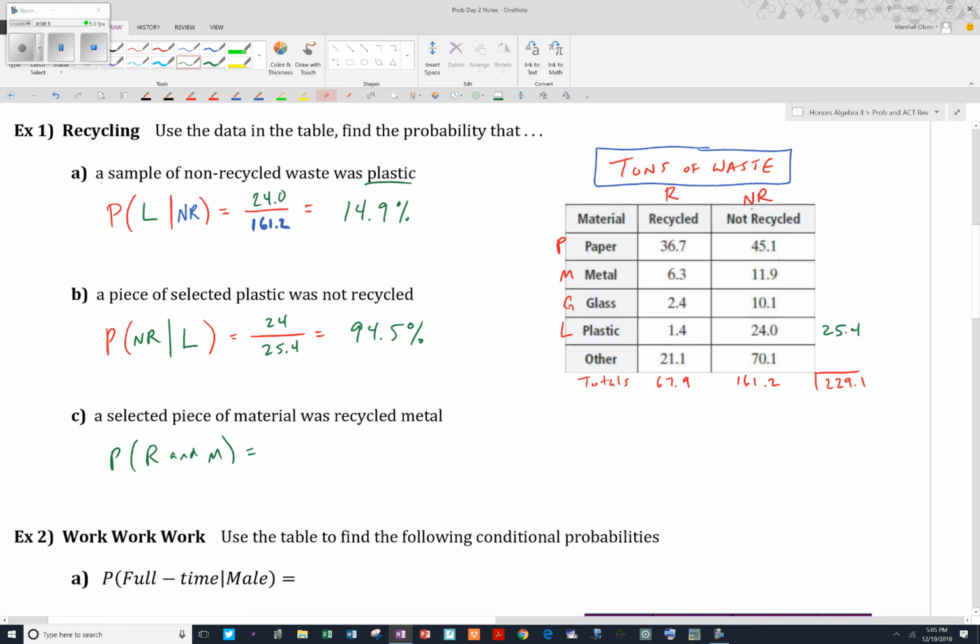So recycled and metal is right there, 6.3. But this is out of all of the waste there. There was no condition given to us. So we're going to put the 229.1 down in the denominator. And this ends up being about 2.7%. So you got to know the difference between just finding an overall probability like this one and finding a conditional probability like those two were.